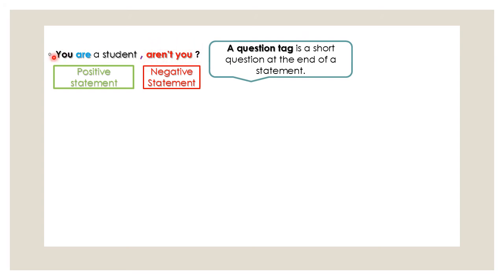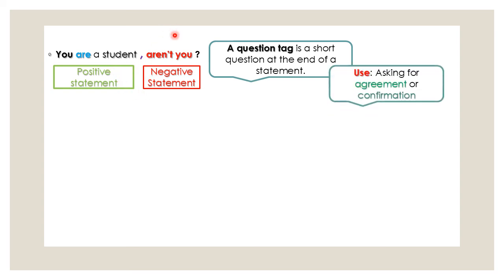We have two statements, and bear in mind that we have a comma between the first statement and the second statement. When do we use the question tag? We use the question tag when we are asking for agreement or confirmation. You are a student, aren't you? Let's have this example. Mary isn't a teacher, is she?